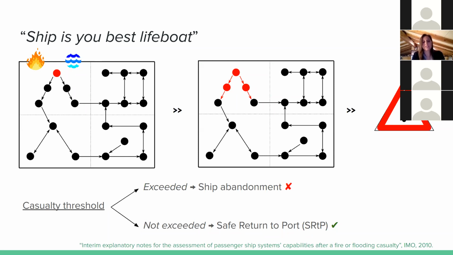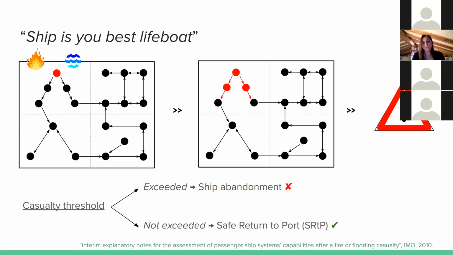Casualty threshold is defined as the maximum amount of damage that a passenger ship is able to withstand, still continuing to sail. So the main idea is that abandoning the ship is really dangerous for the crew and for the passengers.